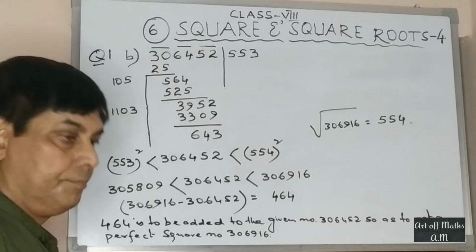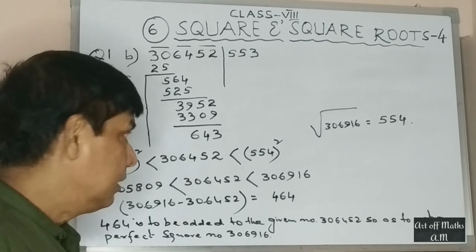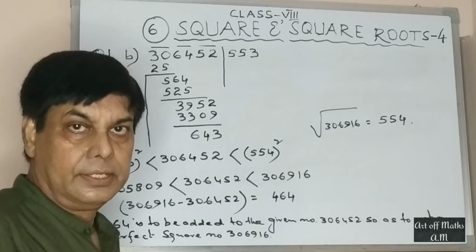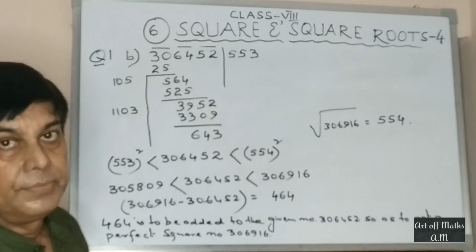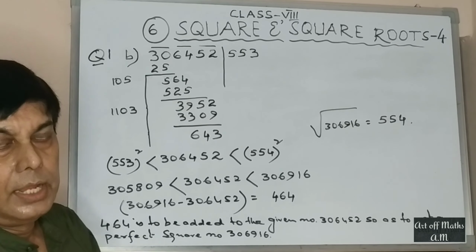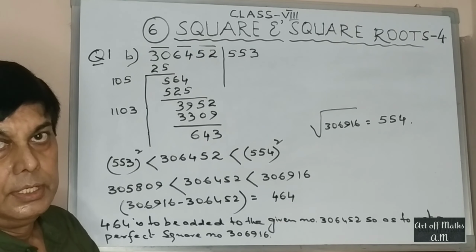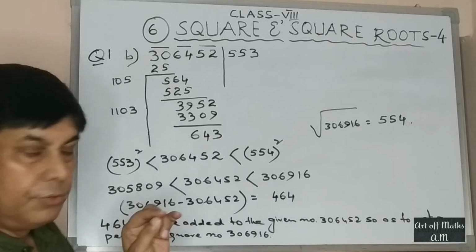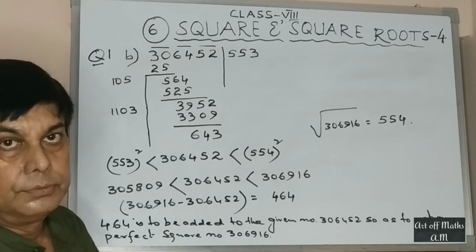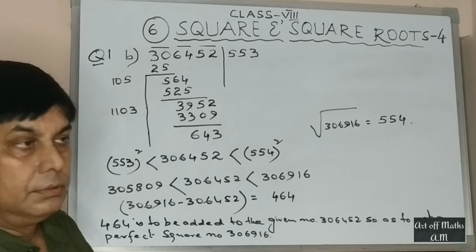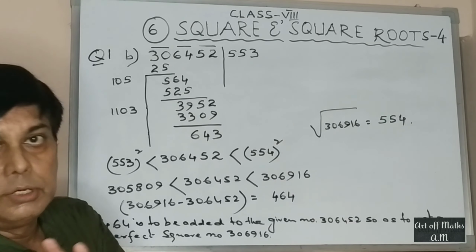This is the method. Now one thing I have to say something about this method. For addition and for subtraction, you will have to follow the long division method. Without this, there are no other option.